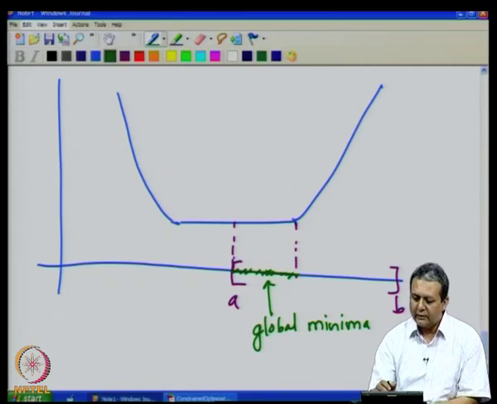So, you will see that they form a convex set.